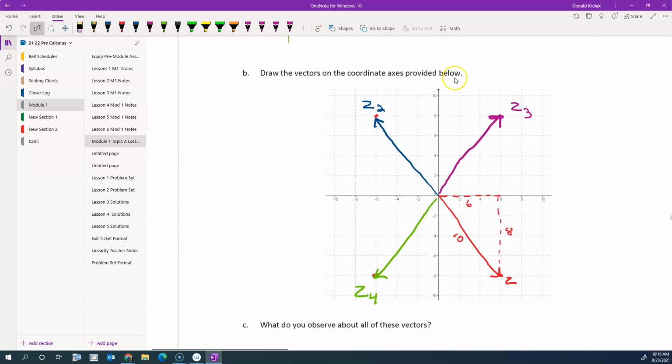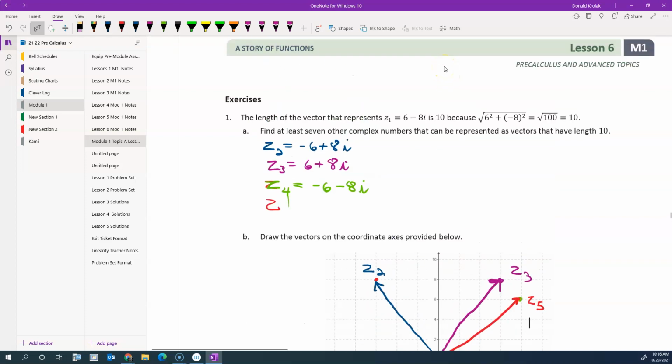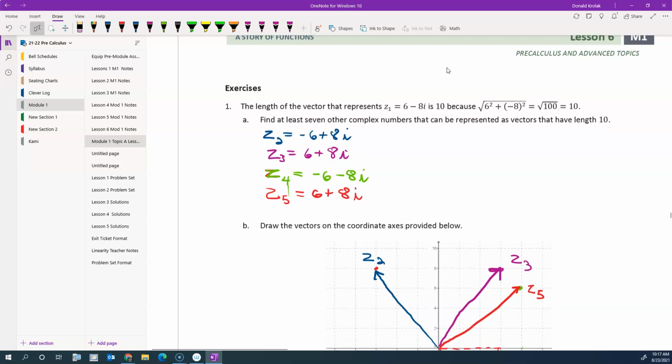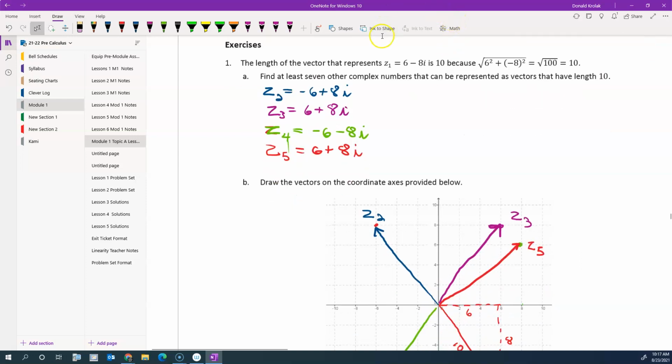Okay, 3 more. Go ahead. 8 plus 6i, so 8, 6i right there. Okay, that's 8 and that's 6, so yep, that's 10. That's Z5, 8 plus 6i.